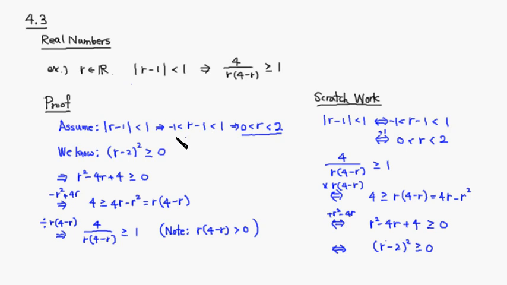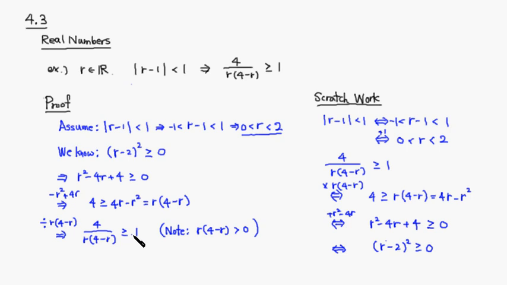We started out with something we already know is true. Which implies this, just multiplying out, so it's the same thing. And this is just rearranging terms. Here we divide both sides of the inequality by r times quantity 4 minus r, which gets us exactly the conclusion we want.